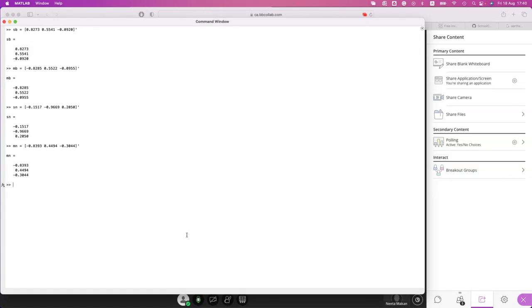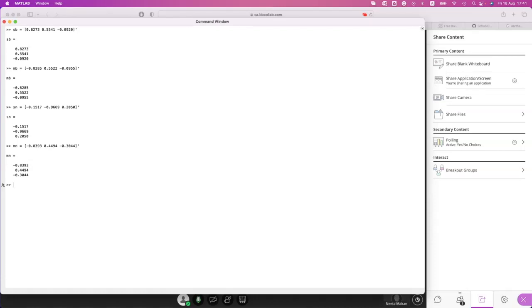The question says, using the TRIAD algorithm, construct the components of T1, T2, and T3 in both the body and inertial frames. You can go now to page 24 of the slide. That's the formula we'll be using.